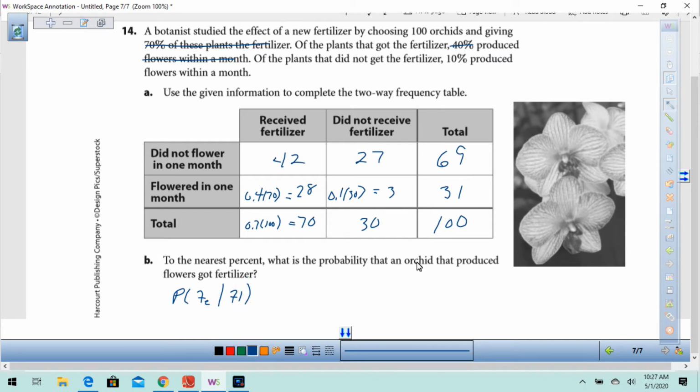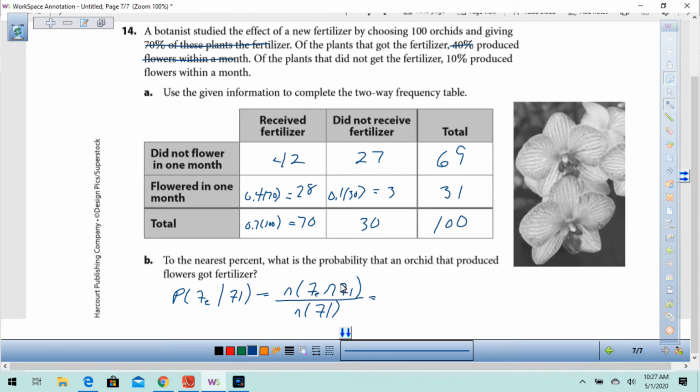Well, that's going to be the number of fertilizer intersection flowers divided by the number of flowers.